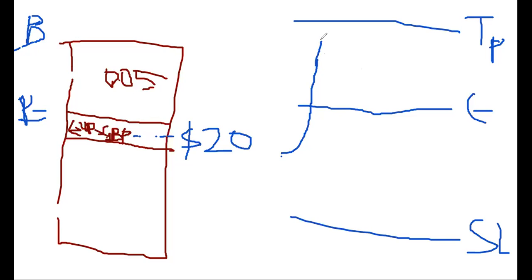So let's say that the $20 he has earned was around there, and the market started consolidating. Now that the market is consolidating, the man is feeling worried. What will he do? Since the trade is here and it's consolidating, he can just come here and reduce the lot size to what? 0.04.